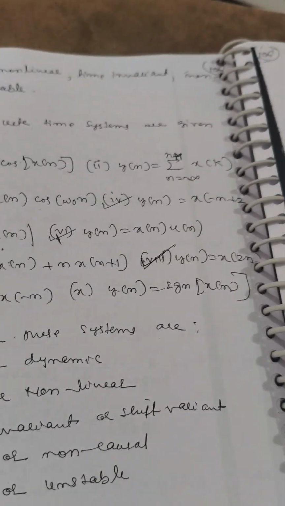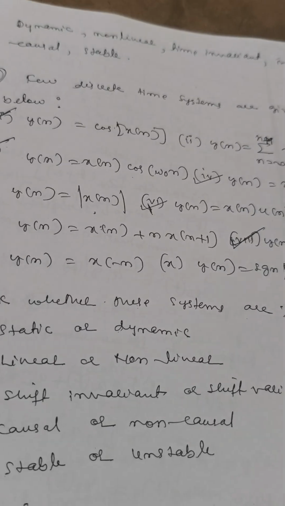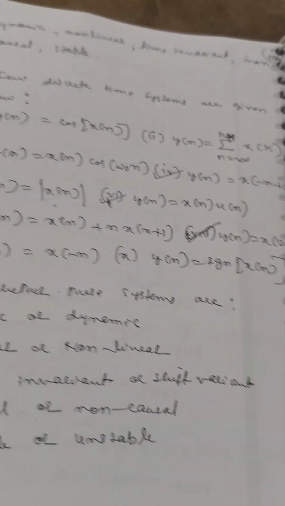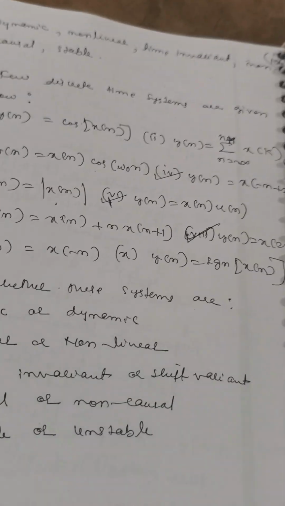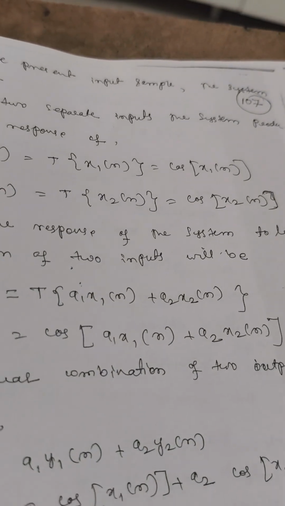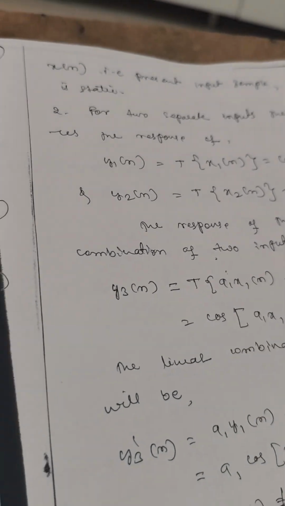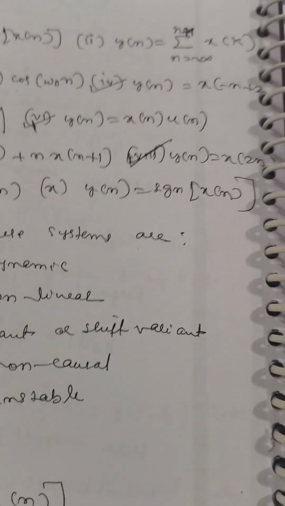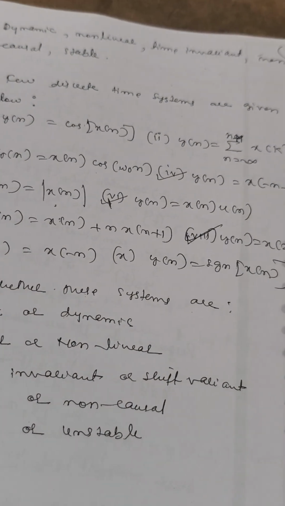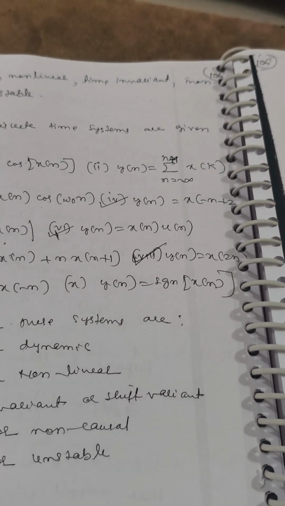The same concepts apply to find out whether the system is causal, stable, static, or dynamic. Since the time is also less, I am discussing only one problem, on how to find out the properties of discrete time systems. Okay. Thank you.